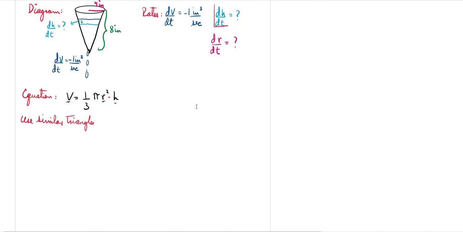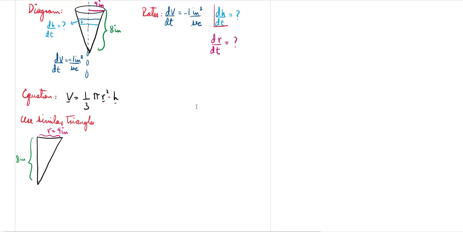Now, what was it about similar triangles here? Well, remember, if we have essentially two triangles, I'm going to split this cone down the middle. So if I split this cone around the middle, then we have the following scenario. We have the big cone right here, whose height was 8 inches, and its radius was 4 inches.